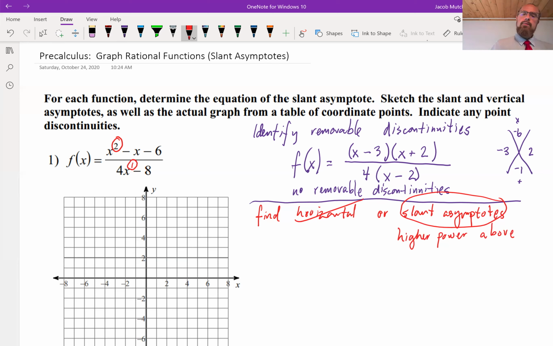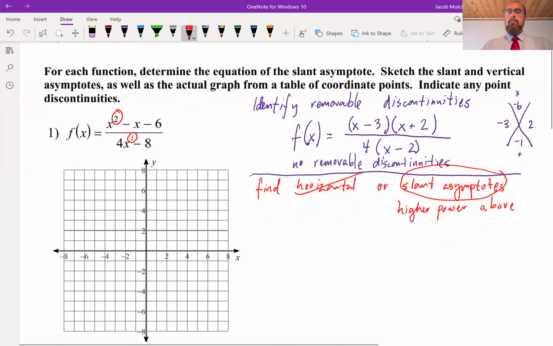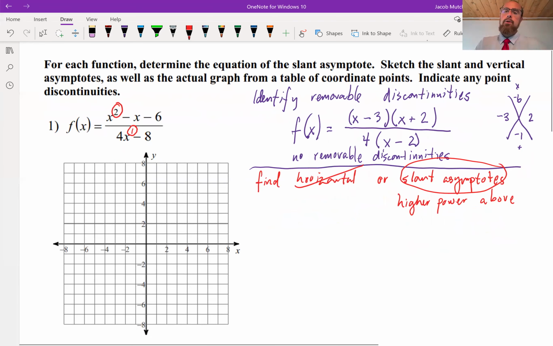Once we've identified that here's a slant asymptote, I want to find the equation for it. The way we find the equation for any slant asymptote is by performing division. You can use polynomial long division or you could use synthetic division. What I'd like to use here is polynomial long division, so I'm going to set that up. You put your numerator underneath the division house.